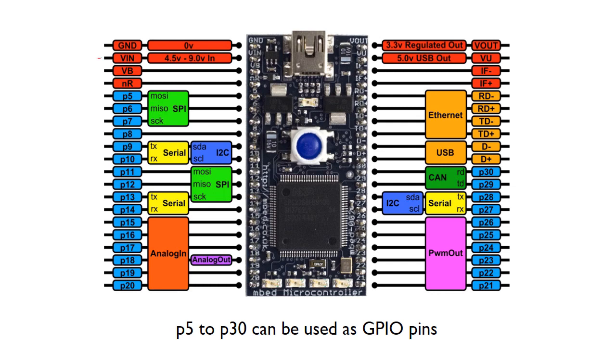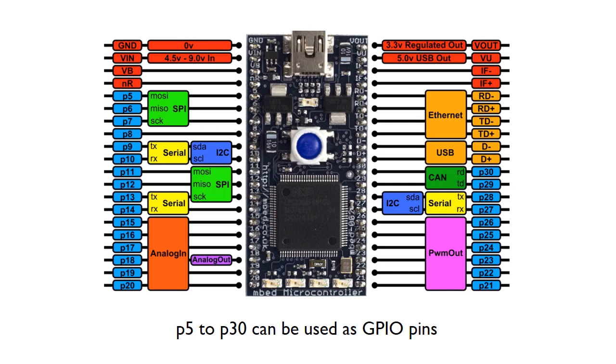So if you put say 9 volts in here, there are voltage regulators that will give us 3.3 volts on this pin. There's also this 5 volt USB output, because rather than powering it through VIN, you can also power via the USB cable. So you can plug in a USB cable here from your PC, and we'll get the 5 volt USB output power here as well.